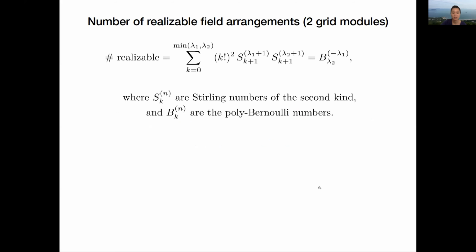We can estimate the number of realizable field arrangements for 2 grid modules using combinatorics. So the number of realizable field arrangements with 2 grid modules of period lambda1 and lambda2 can be expressed like this, and it turns out to be a polynomial number.